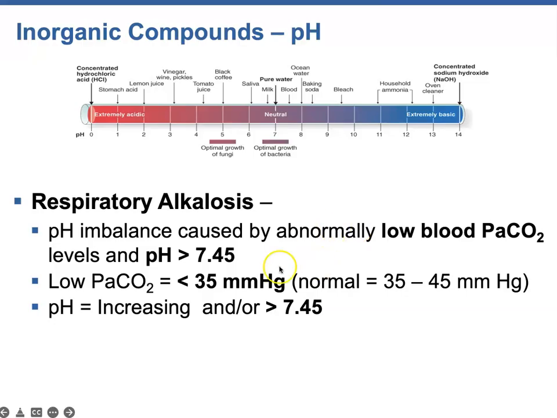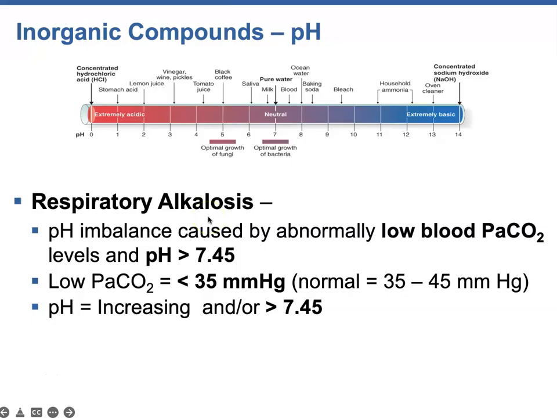So what will occur is you'll look on your end tidal and it'll show that the end tidal number is less than 35, which means low CO2. When you have low CO2 in the blood, that means the pH level in our blood is going to be moving to the right. So it's going to be greater than 7.45. So a low CO2, high pH, that means we are in alkalosis.